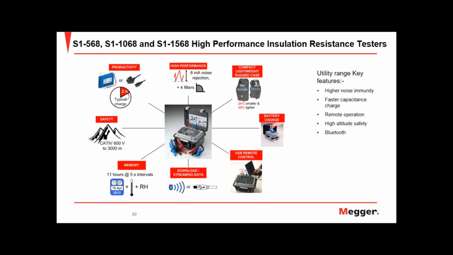That's the reason we have different currents available in the different models that we have. So the S1 has up to 6 milliamps, which can guarantee more current to charge a cable that is long.